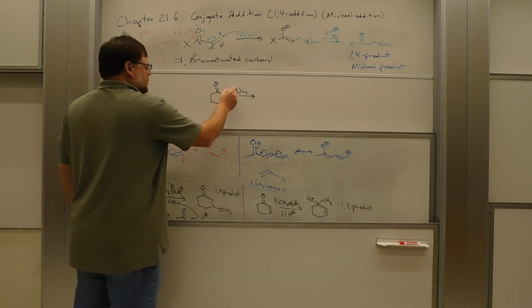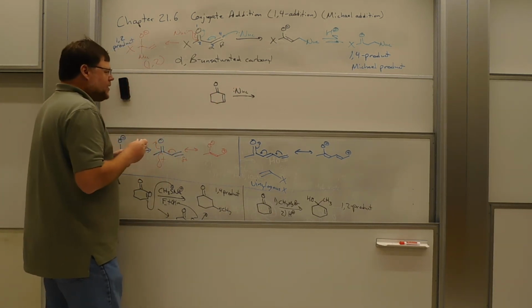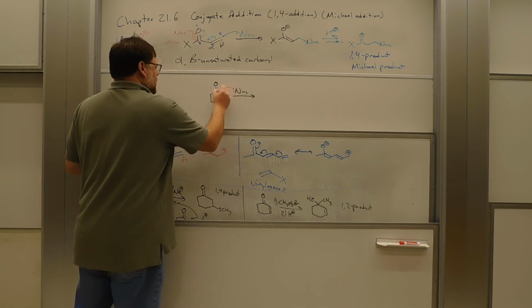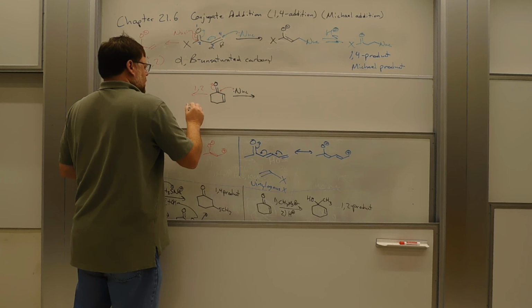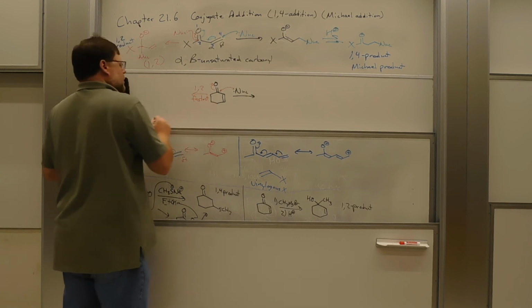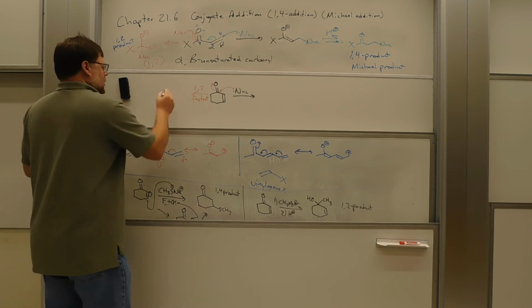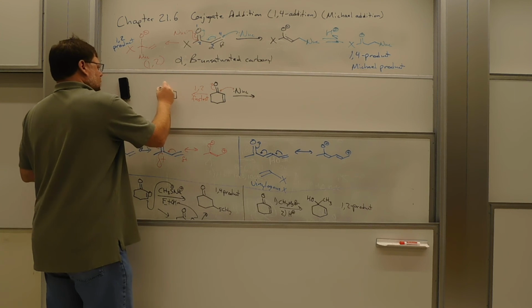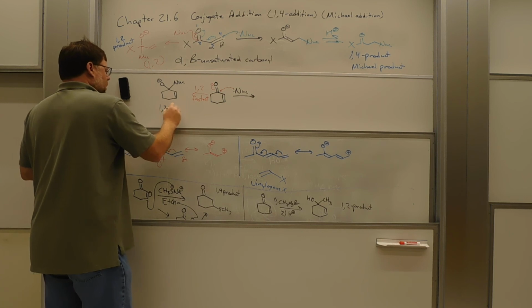So the first thing, it is always true that 1,2 addition is fastest. Okay? So that's going to give us a 1,2 product. That always forms.